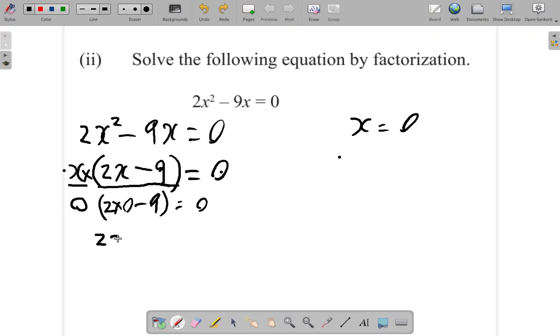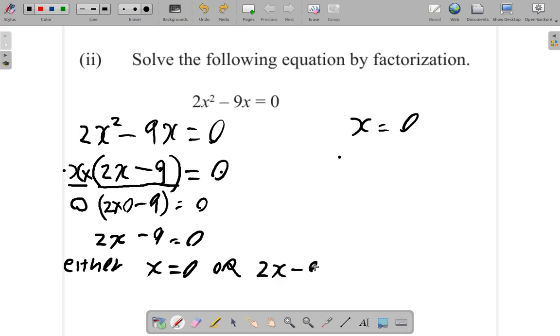It could be that 2x minus 9 is 0. So you could make a statement that either x is 0 or 2x minus 9 is 0. You see that? Now if x is 0, x is just 0. So this is part of the answer.